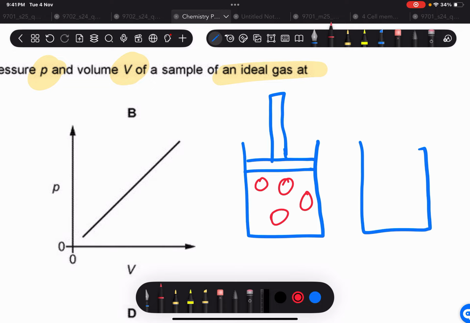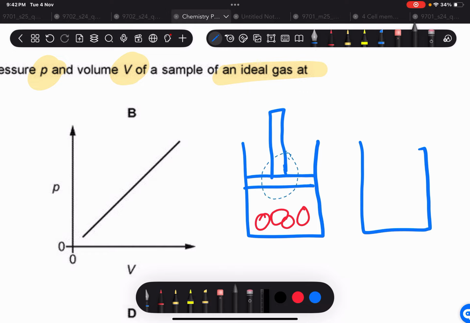So if you try to increase the pressure and you pull the piston downwards, what happens to your volume? Now let's move the piston downwards. My volume decreases.